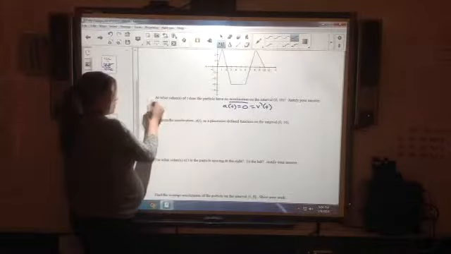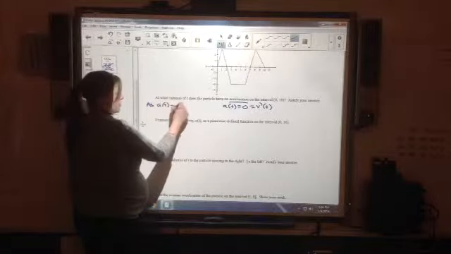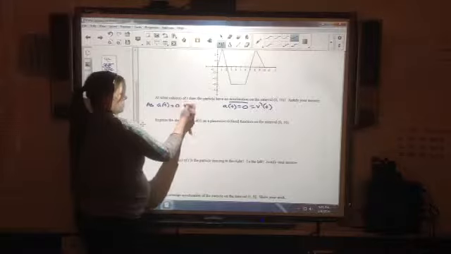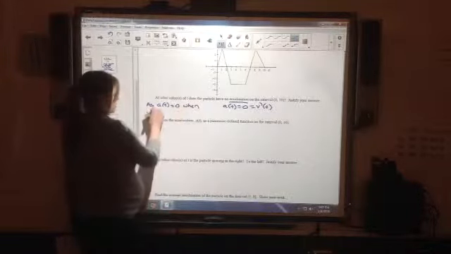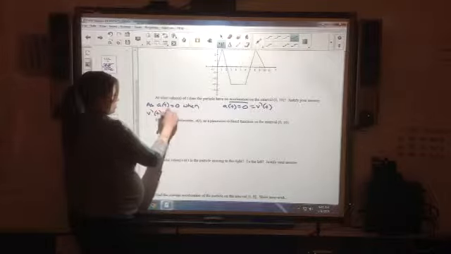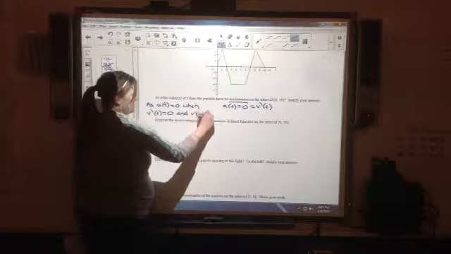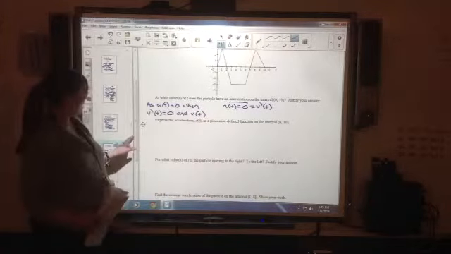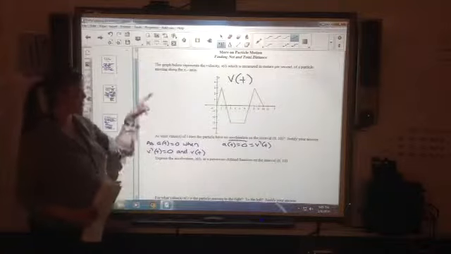I would say a of t equals 0 when v prime of t equals 0. And v of t, this is the graph that we're given. We're not given the graph of v prime. We're given the graph of v of t.